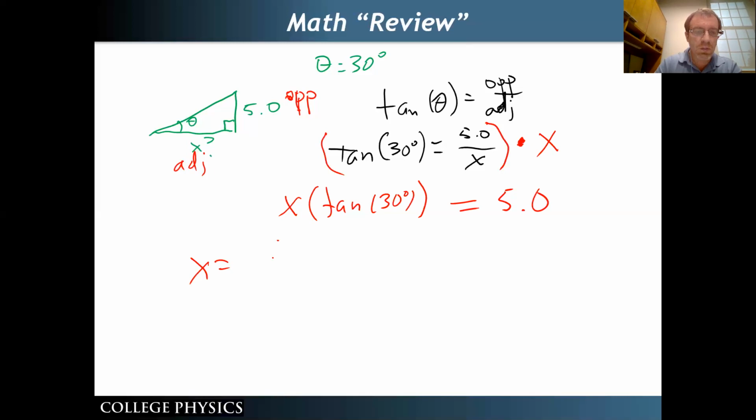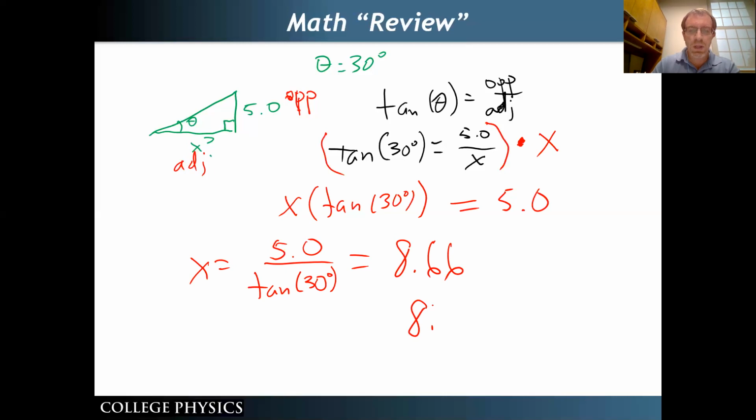That's going to give me x is equal to 5.0 over the tangent of 30 degrees. Tangent of 30 is about 0.577. If I divide 5 by 0.577, I get the value 8.66. And again, if I'm going to be picky about sig figs, I should probably just write that as 8.7.